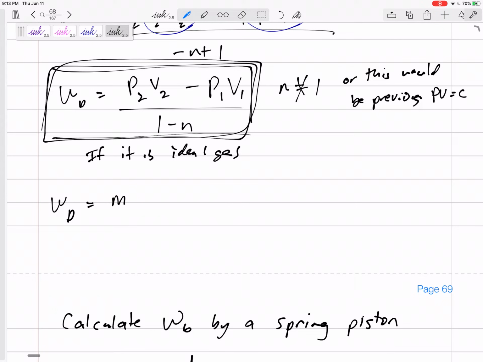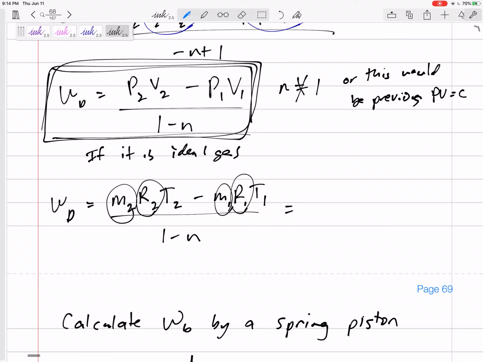So we could do m2 R2 T2 minus m1 R1 T1, but this R is a constant. R is the same. M is a constant. M is the same. So we could factor those out and say mR of that material times delta T over 1 minus N.